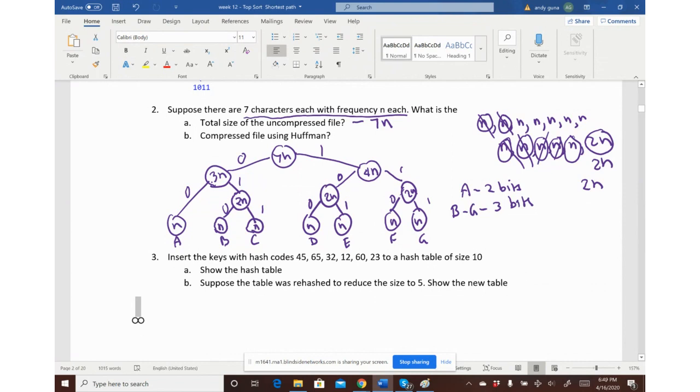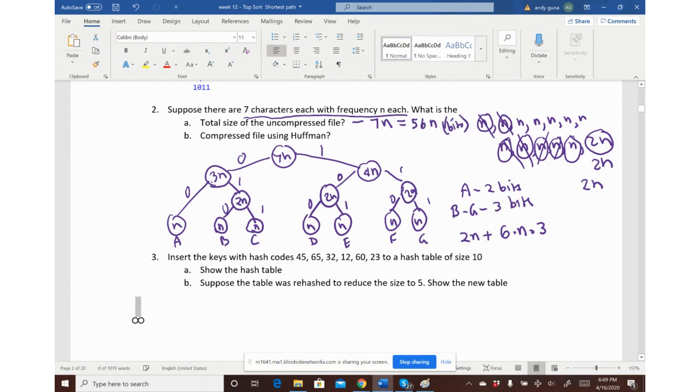So for A it will take us this much, and then we have 6 other characters, each one has n things, and we will encode that with 3 bits. Okay, so you can just say this is 56n in bits.